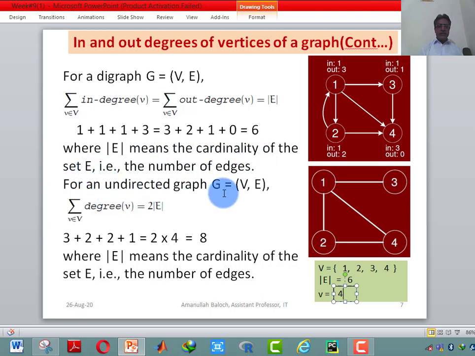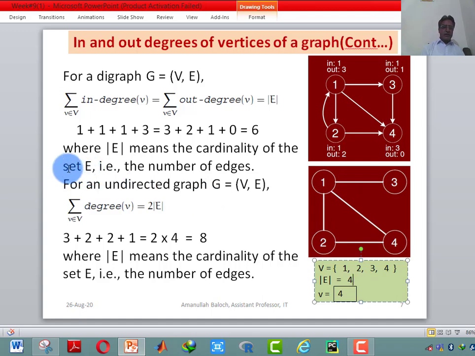For an undirected graph, G is equal to (V, E). Now we will consider the undirected graph. Sigma over v belonging to V of degree of v is equal to 2E. Here again, in this case we have cardinality 4, because 1, 2, 3 and 4 edges are there in the undirected graph.